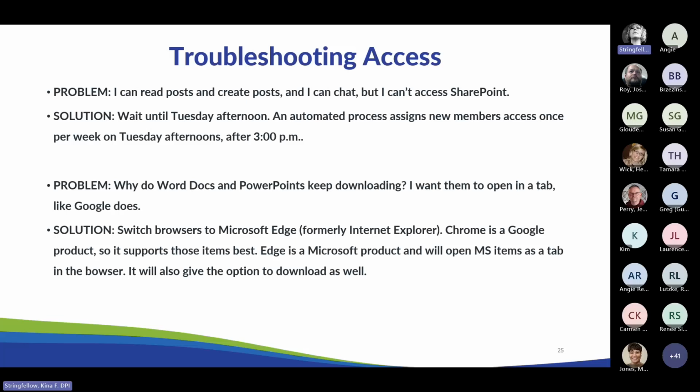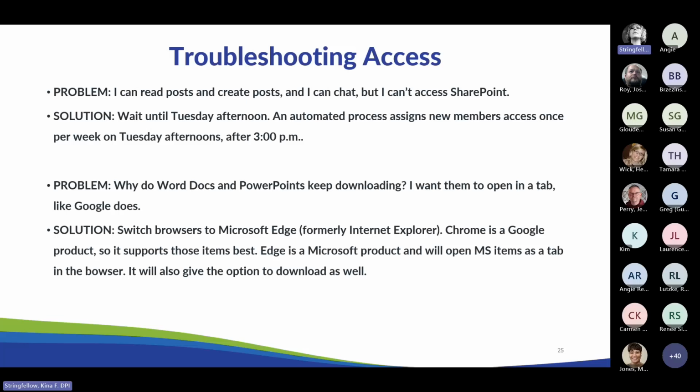There's just a listing that our IT department has, and they recognize you as an external person from outside of DPI. And then on Tuesdays at around 3 o'clock, that whole list of everybody that has been added over the past 7 days gets uploaded, and then you'll get full access.